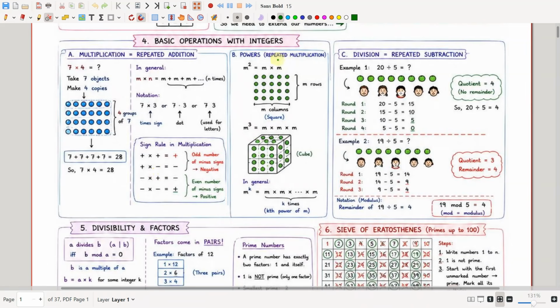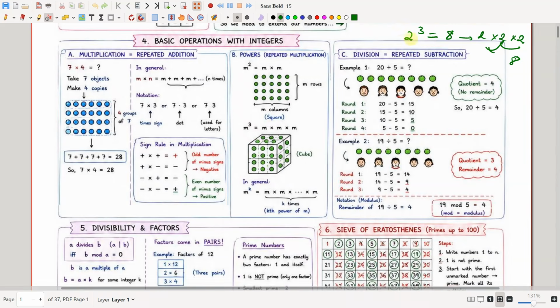Okay, and what are the powers? So multiplication is repeated addition, while powers is repeated multiplication. So if I'm going to find 2 cube, which is 8, right? It will be 2 into 2 into 2, which is 2 into 2, 4, 4 into 2, 8.